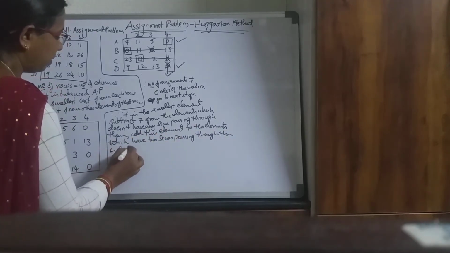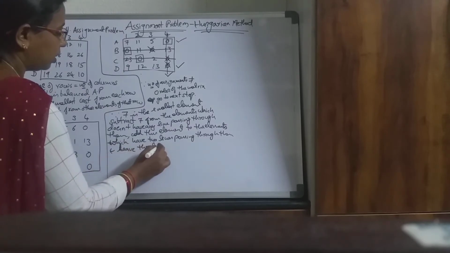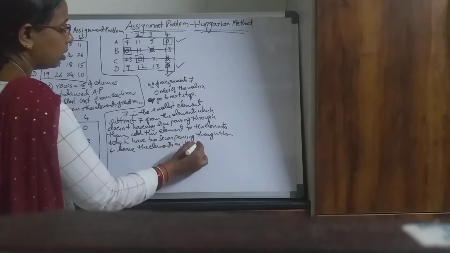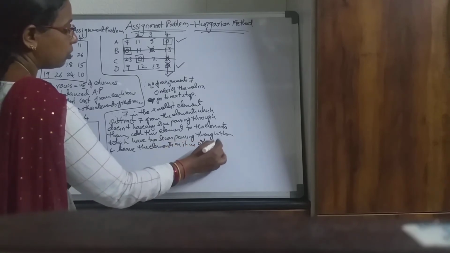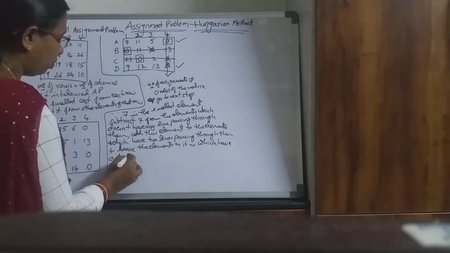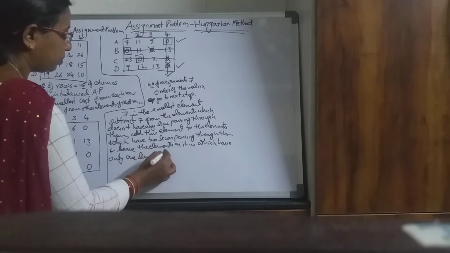And leave the elements as they are which have only 1 line passing through them.